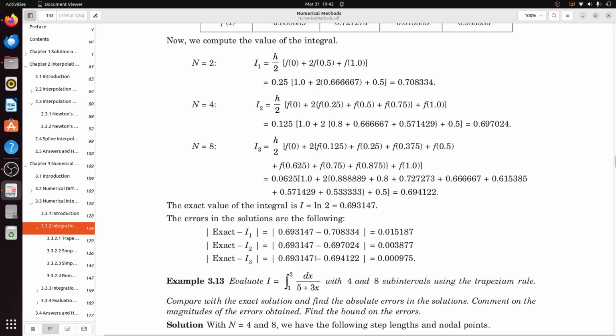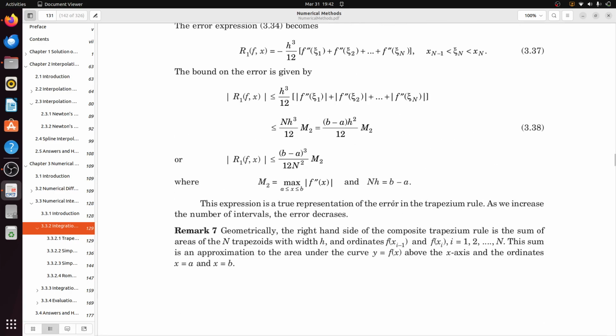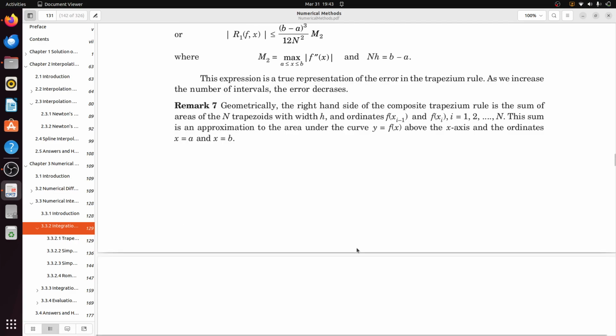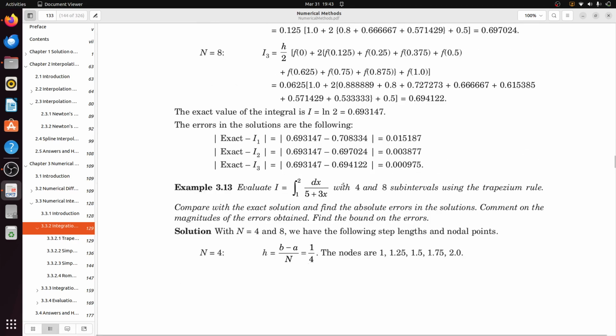The global error will be b minus a into h square by 12 into f double prime xi, right? Try this with 4 subintervals.